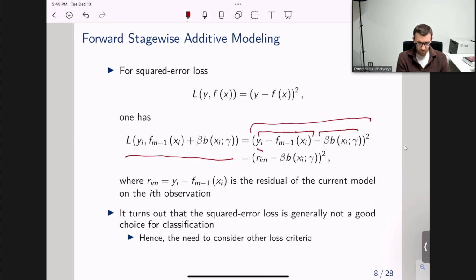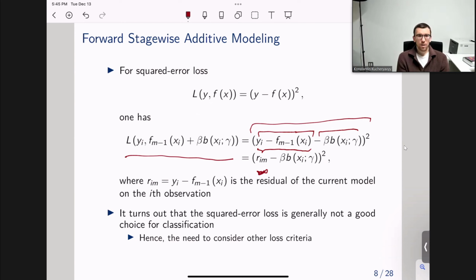We can denote this part as r_im, and we can call it the residual. So we can view stagewise additive modeling as a way of improving the residuals: by doing basis function expansion on each iteration, we improve the residual.